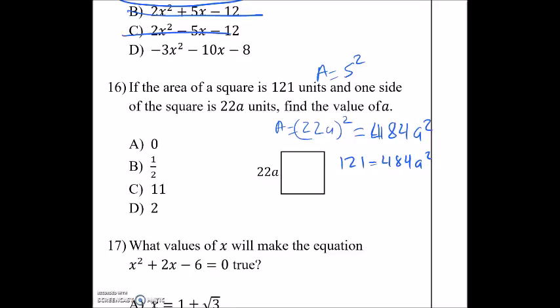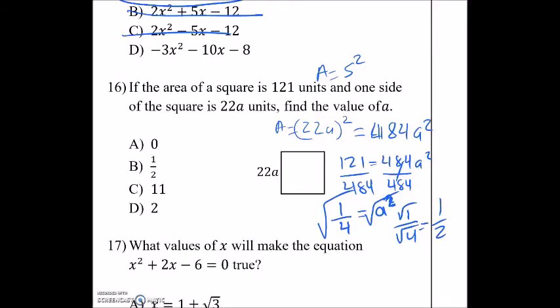So of course, if we're trying to solve for a, we must divide by 484. So a squared equals 1/4. But since we're trying to take the square root to solve for a, this becomes the square root of 1 over the square root of 4, which is 1 over 2. So that would be the correct answer for A.